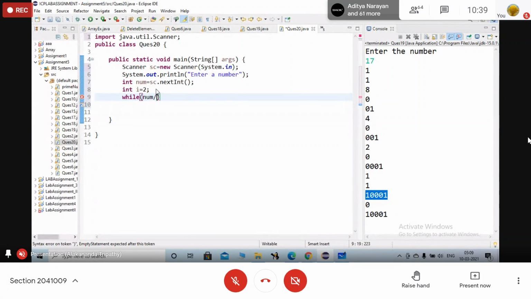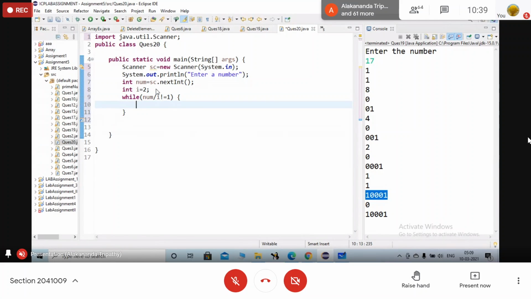So your number divided by I, जब तक remainder अपना 1 नहीं आता है, we will do the division.